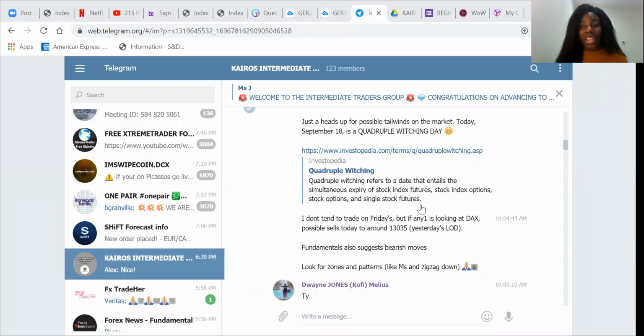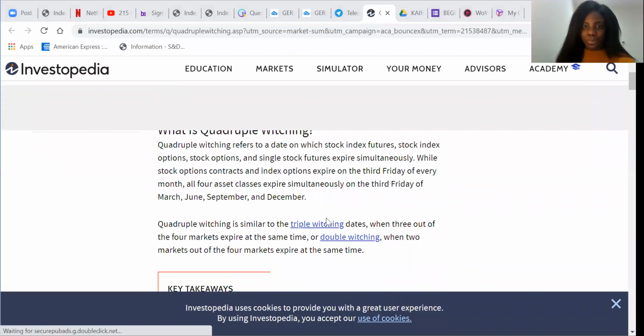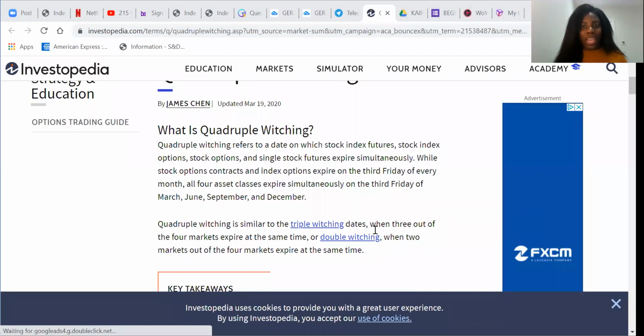Cool. So as I was saying, quadruple witching. What is the quadruple witching? Let me quickly go into it so people can see it. This is when stocks, futures, derivatives, all of them expire simultaneously.